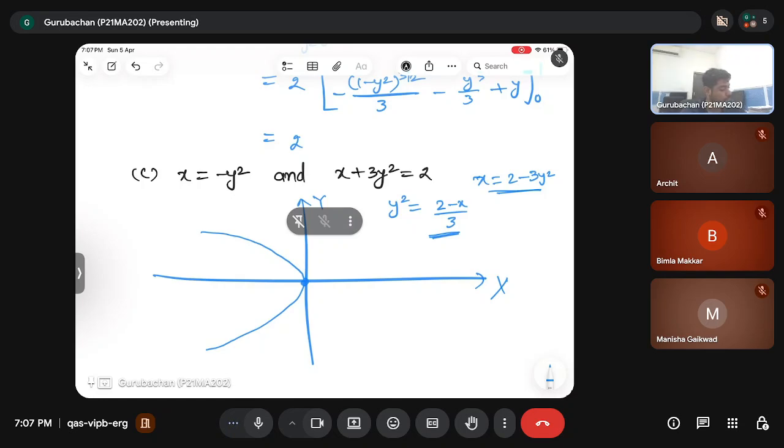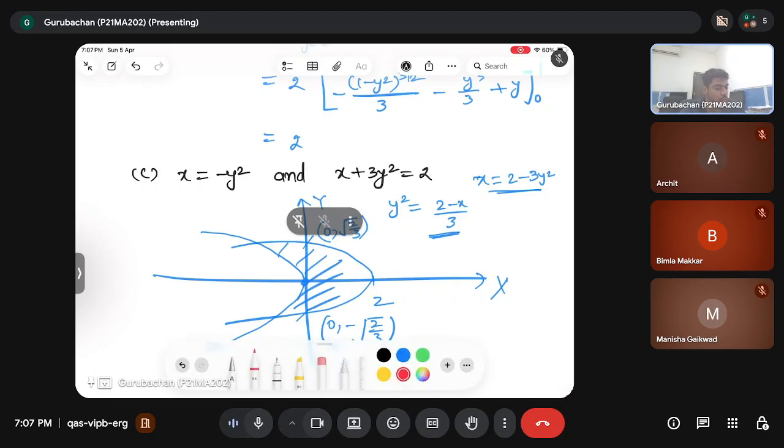So this will be 2, and here the graph will be like this, and this value will be minus root 2 by 3, and this value will be root 2 by 3. So this is your area.